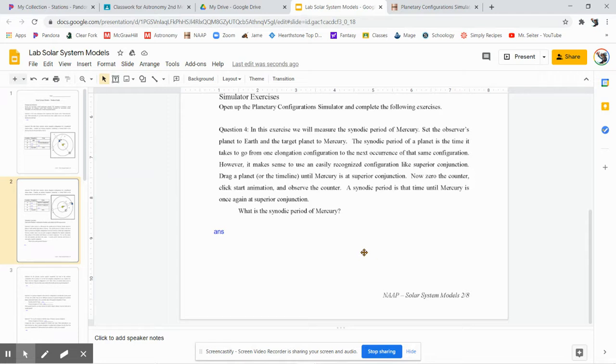All right. The synodic period of a planet is the time it takes to go from one configuration to the next occurrence of that same configuration. However, it makes sense to use an easily recognized configuration like superior conjunction. Drag a planet or the timeline until Mercury is in superior conjunction.